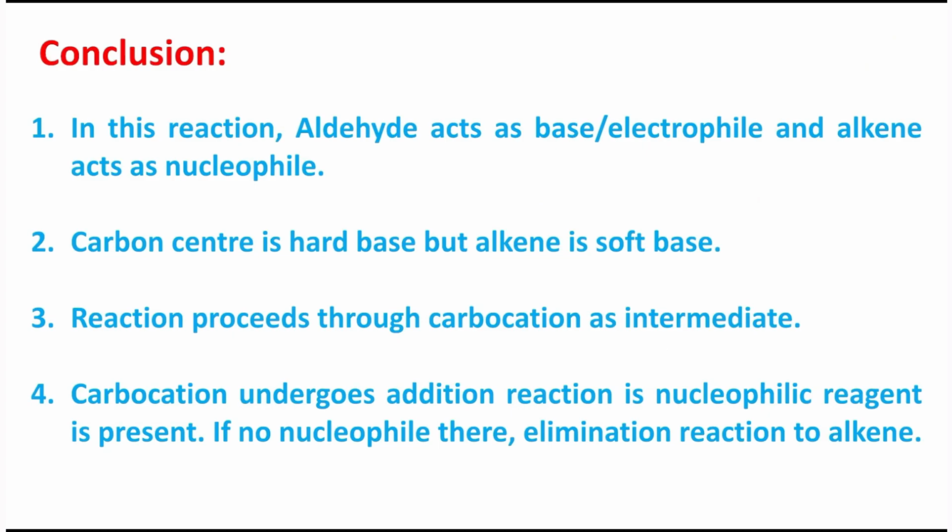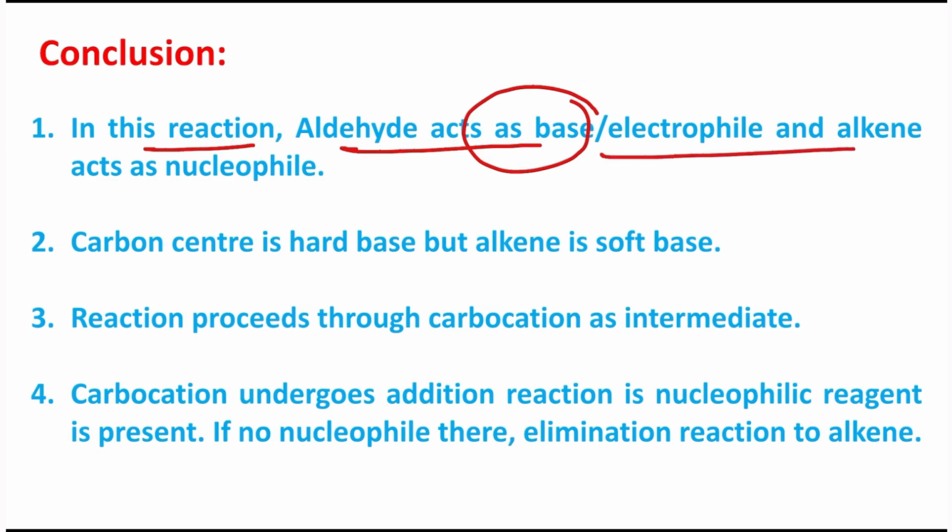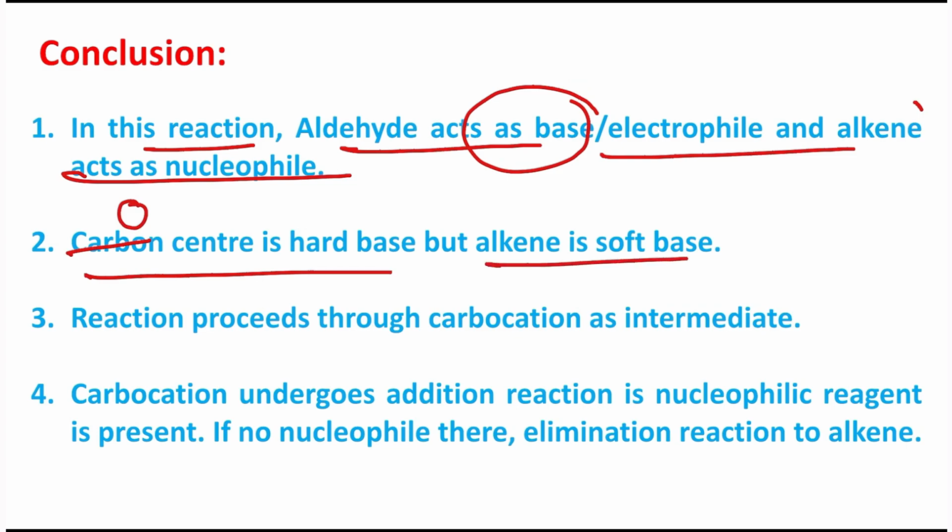So in conclusion, what you have learned today: in this reaction the aldehyde acts as a base or nucleophile, meaning a base in the first stage for proton addition, and an electrophile in the next stage, because after proton addition it became a better electrophile, and the alkene acts as a nucleophile. Point number 1: the oxygen center is a hard base, but the alkene is a soft base because it is carbon based.